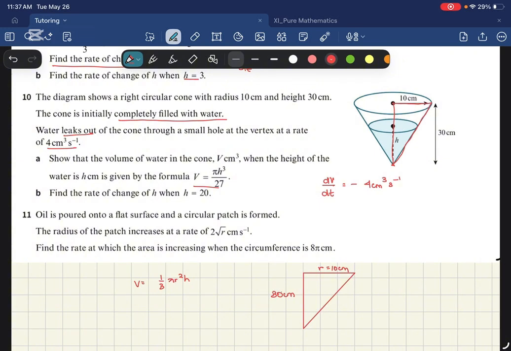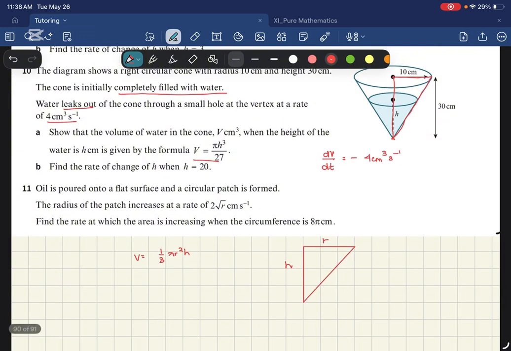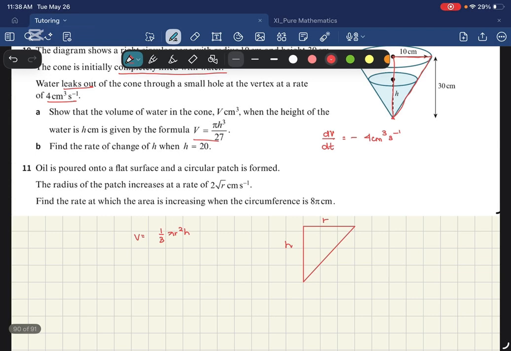But that is initial. The radius of the cone is going to change. We have h and r. So let me draw it like this. Okay, this is, I think, more helpful.